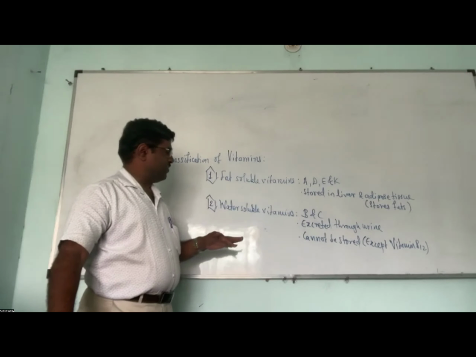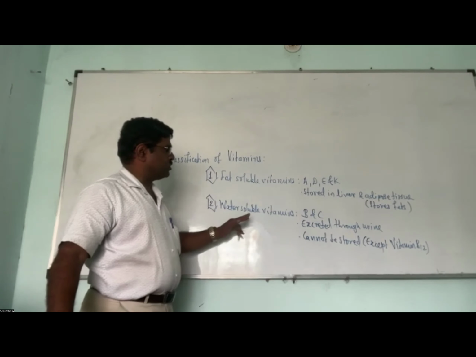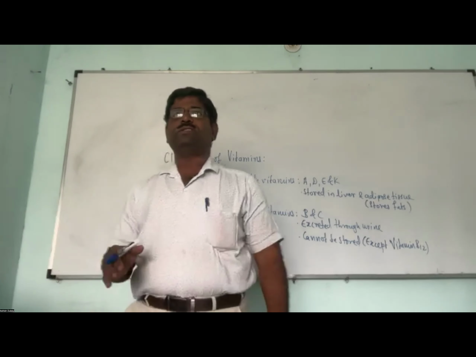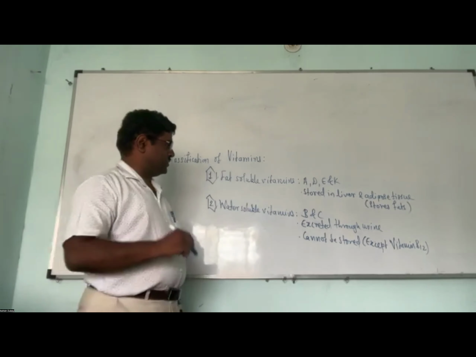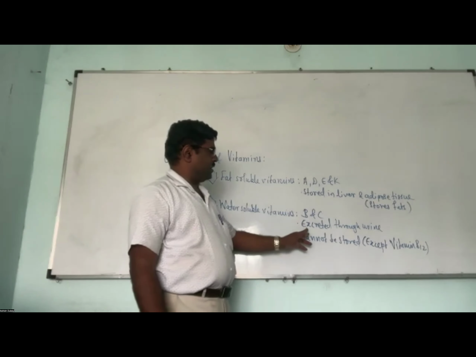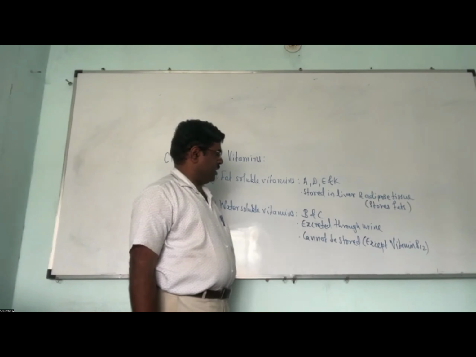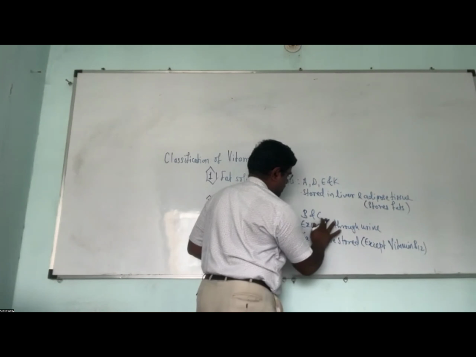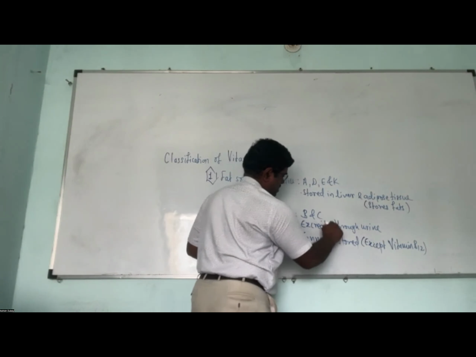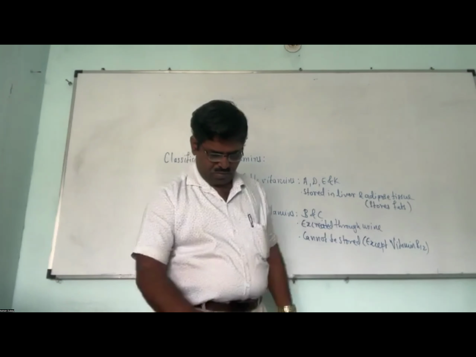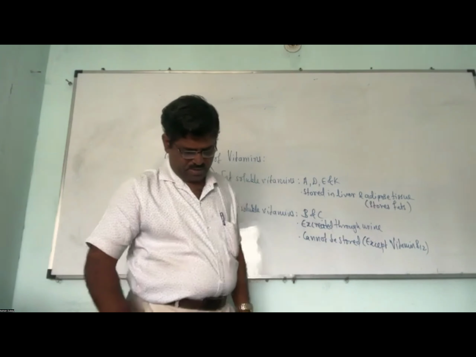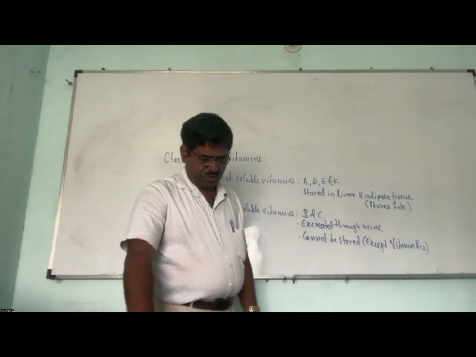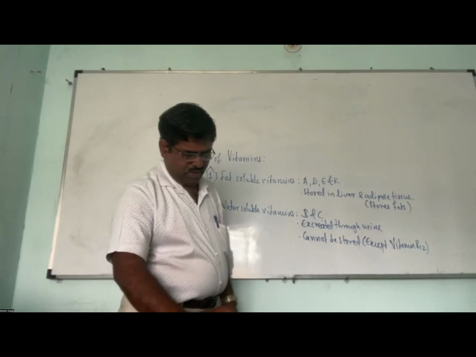Adipose tissue stores fats. The second one is water soluble vitamins, which include vitamin B and C. They are excreted through urine, and cannot be stored except vitamin B12 in our body.